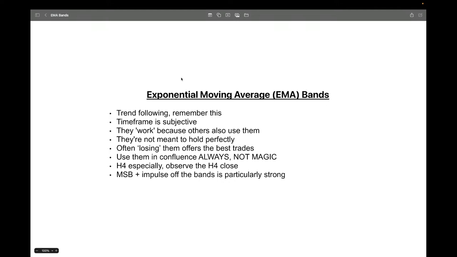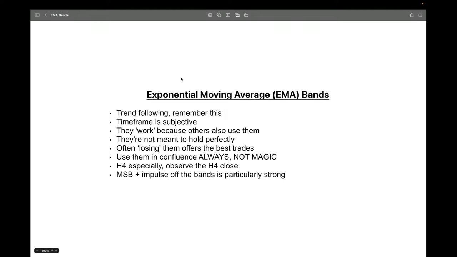So first, we'll talk about using two of them together, multiple bands, and using it in the context of following a trend. So as we go through this, what I talk about, and the example I give specifically with the time frames that we talk about, the 12 and 21, it's specific to trend following. So you have to remember that.